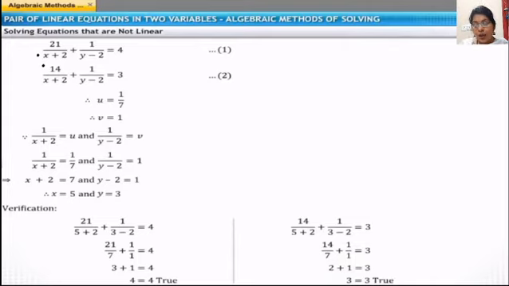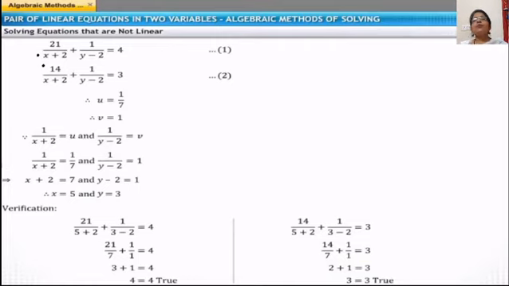We will see that the denominators of both equations are the same. Here also x+2, here also x+2, here y-2, here also y-2. In such type of equation, we assume something as a or b or any variable. We can take uv, somewhere it is written pq.